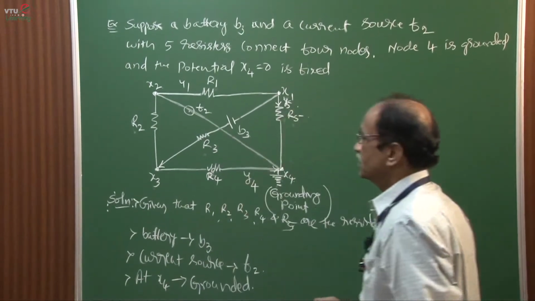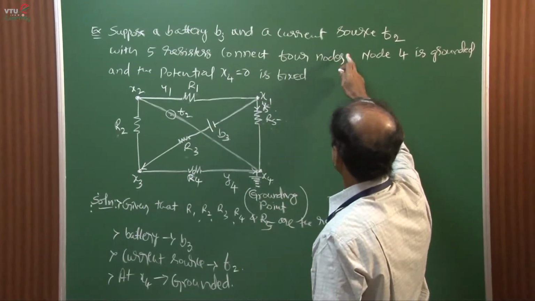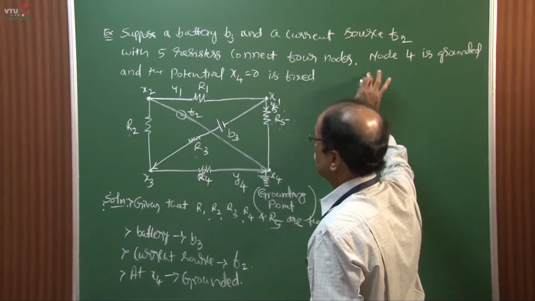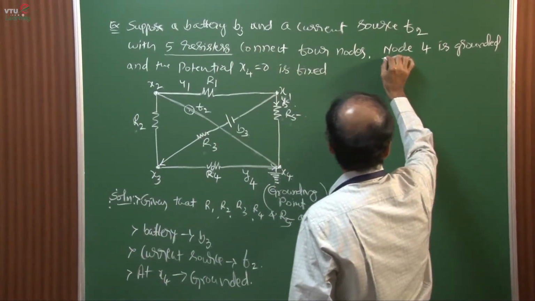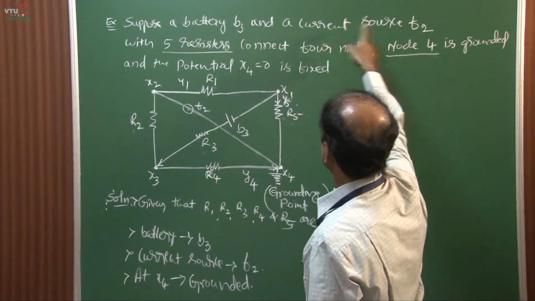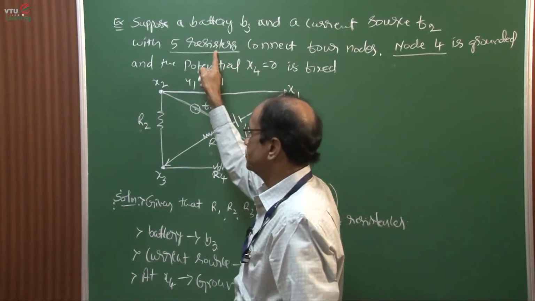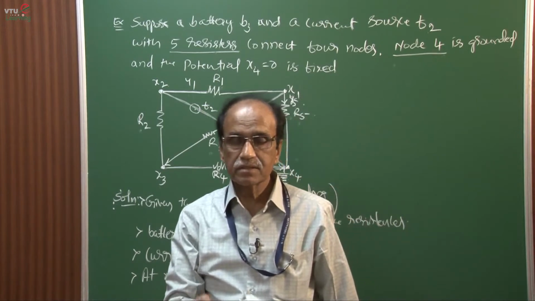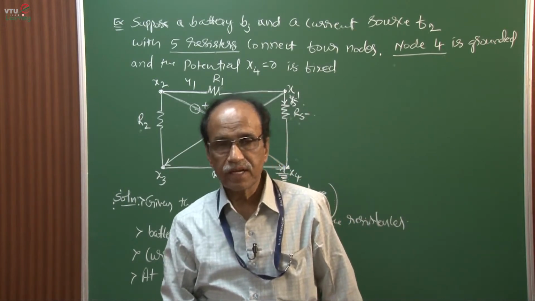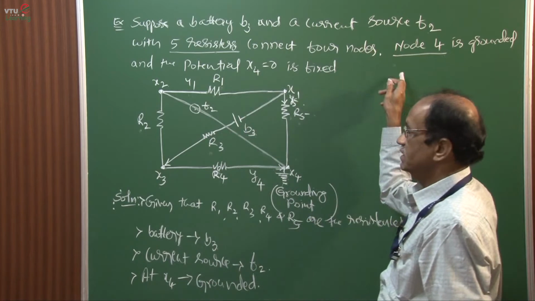At X4 it is grounded. Now, the adjacent nodes, that means 5 resistors, right? 5 resistors and node 4. Okay, the current source F2 with the 5 resistors means this is also to be taken as an incidence matrix. This is also to be taken as a connectivity matrix with these given numbers.